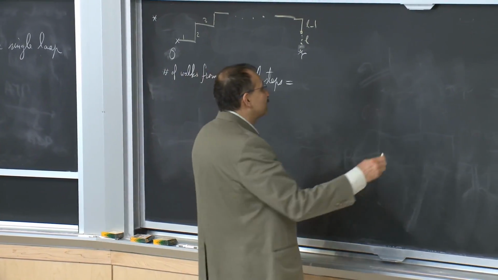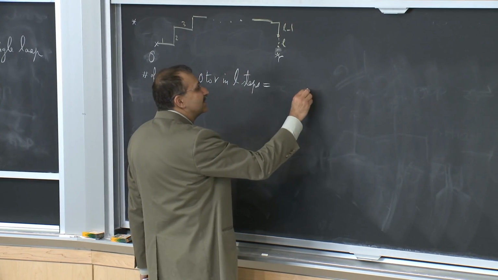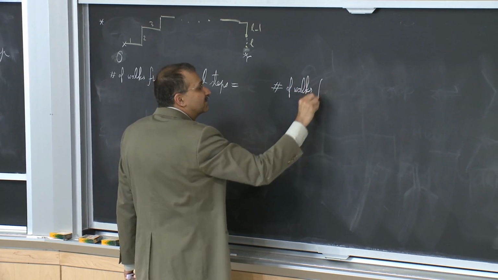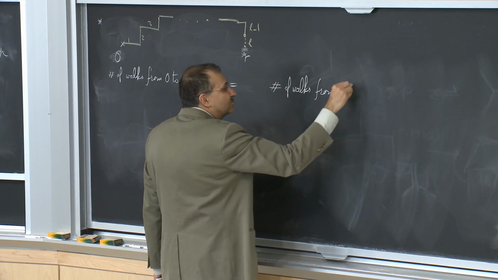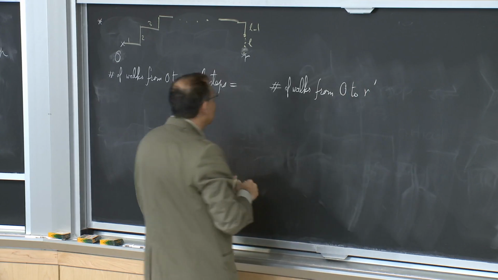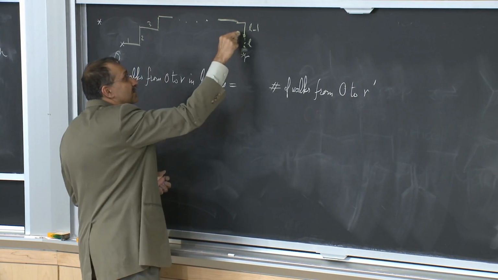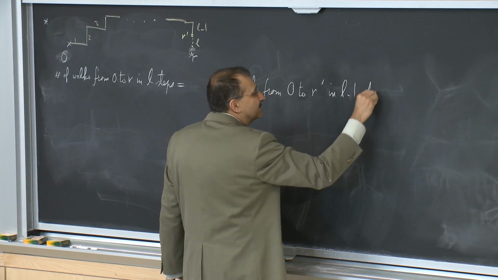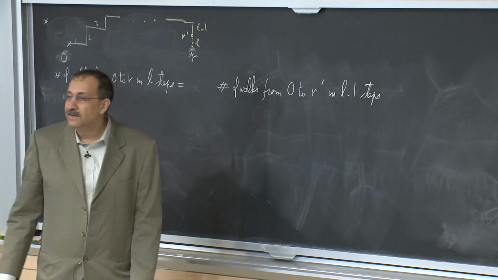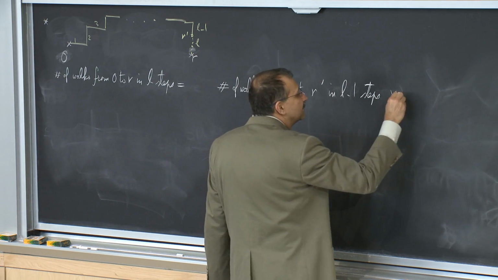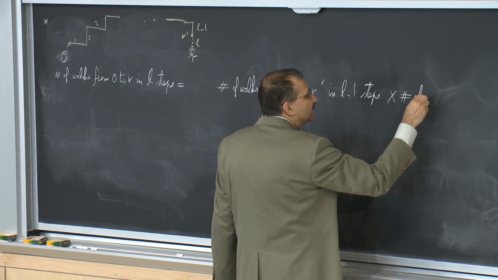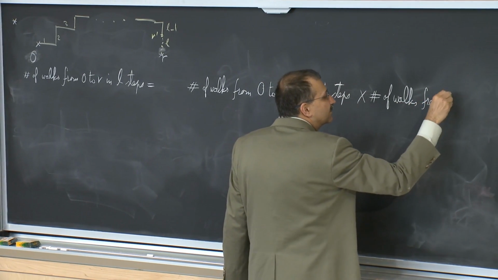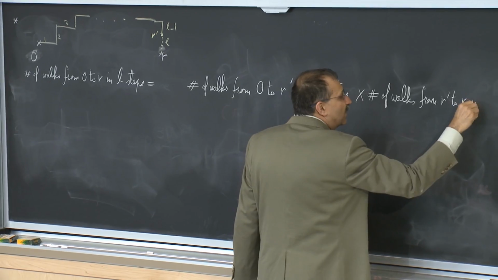So what I do is I take the number of walks from 0 to R prime, I'll call this point R prime, in L minus 1 steps, and then times the number of walks from R prime to R in 1 step.